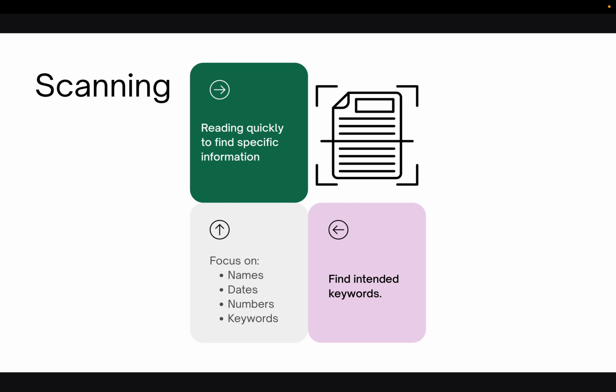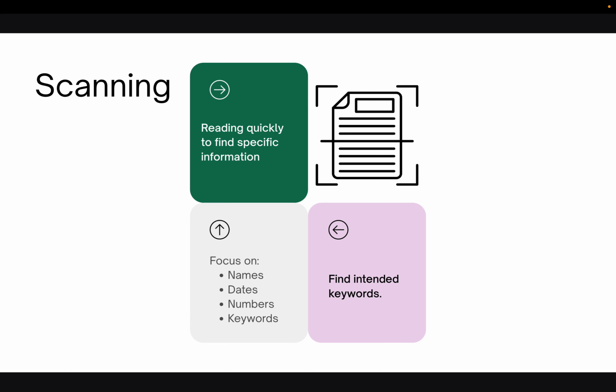Okay, let's move on to scanning. Scanning is different from skimming. Scanning is you try to find specific information. You scan, you tengok betul-betul. For example, the question asks you about the disadvantages. So, when you look at the passage, try to find the keyword. Focus on the keyword.